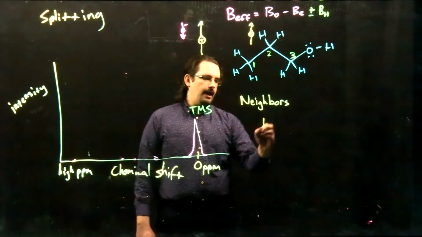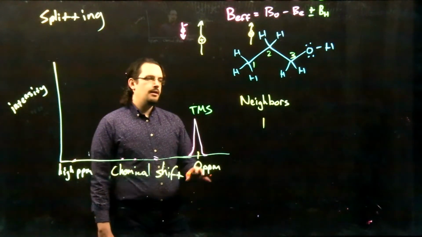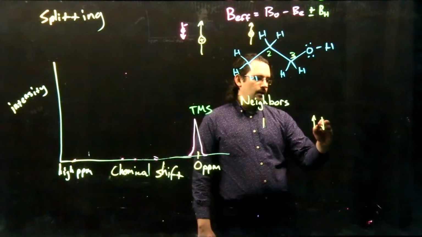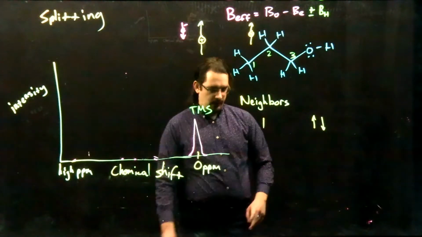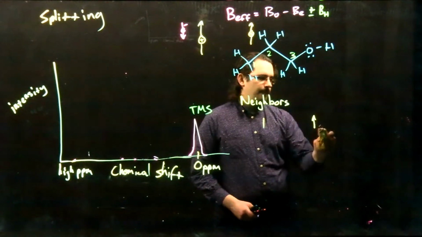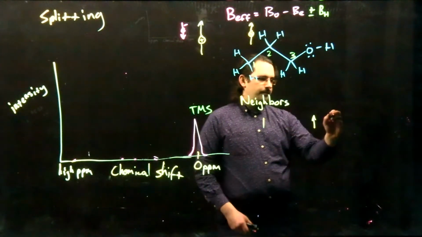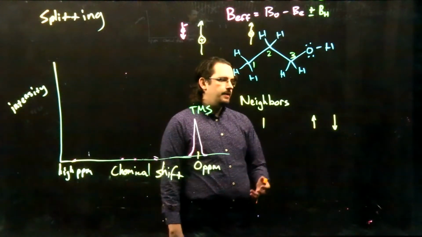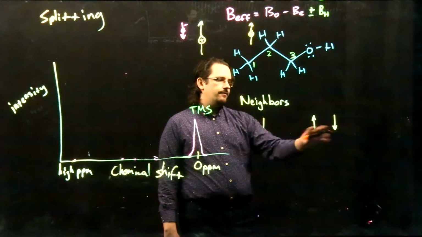So if we had one neighboring hydrogen, that would result in two different states, up or down. And so we end up with two different peaks. Each of these are equally probable, and so we get two peaks with a 50-50 ratio.